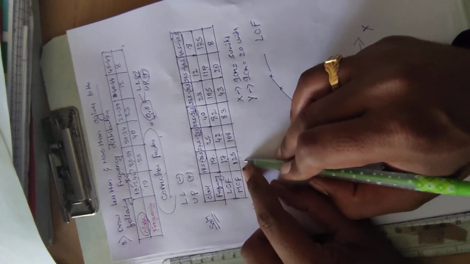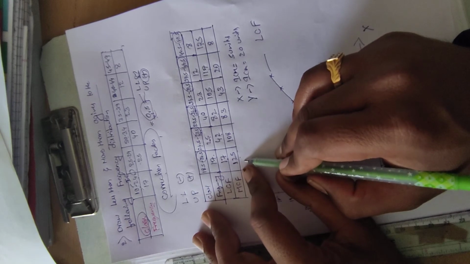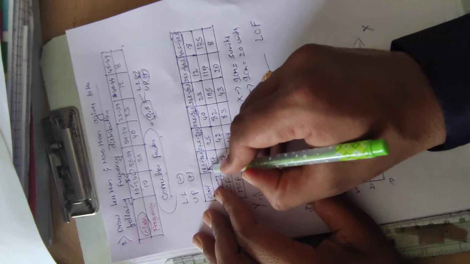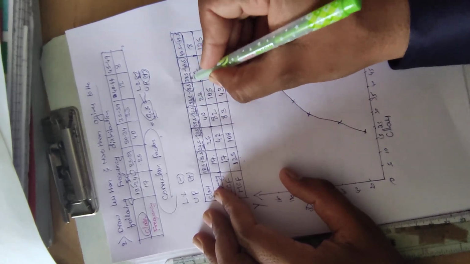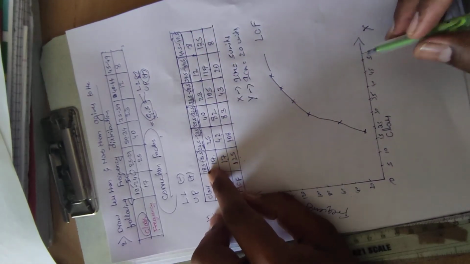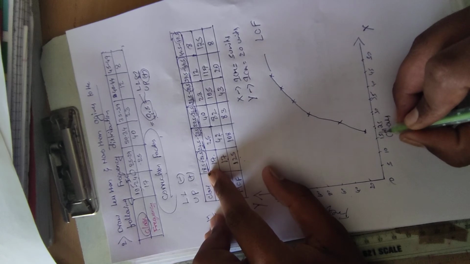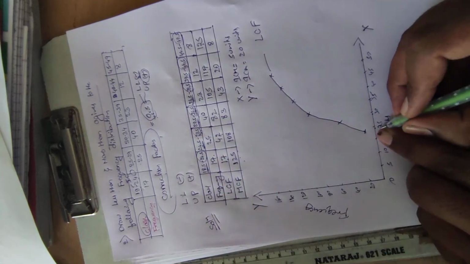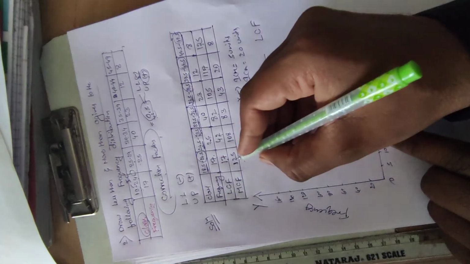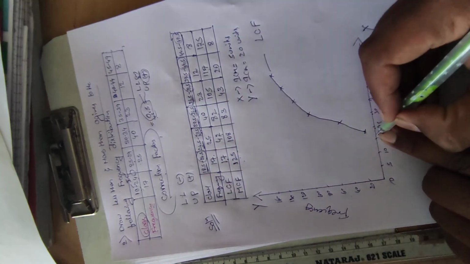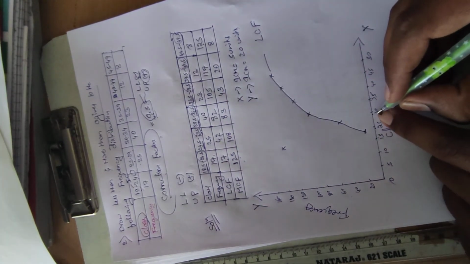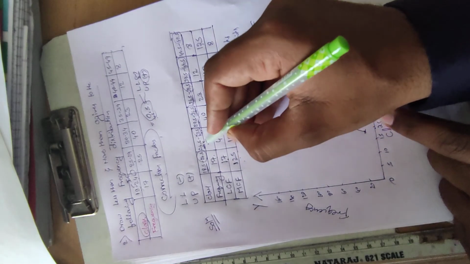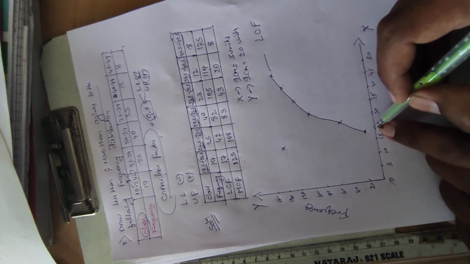If you want to draw a MCF, based on the lower limit we are identifying the MCF. The lower limit in first class, 18.5 will come here. So the value is 125 for MCF. Next one is 24.5. 24.5 will come here.